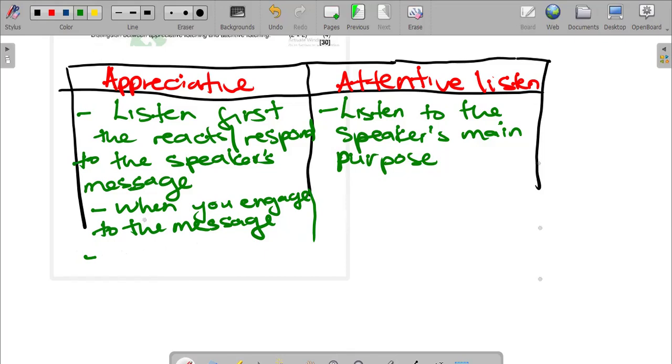So, attentive listening involves listening for information as you want to identify and understand the speaker's main points.